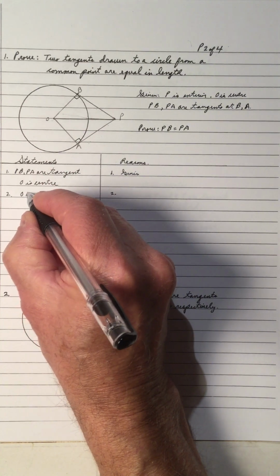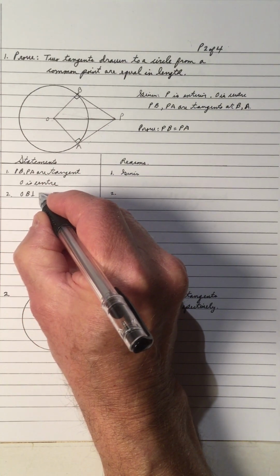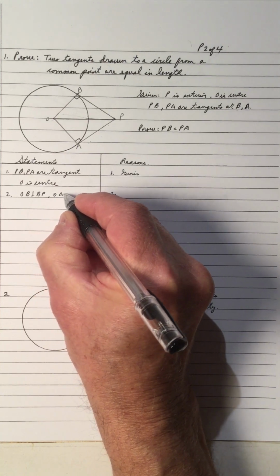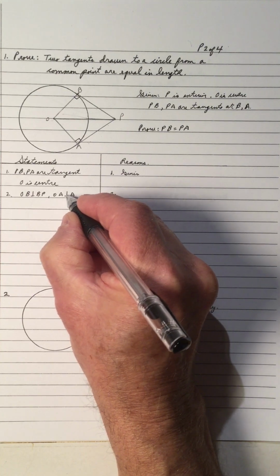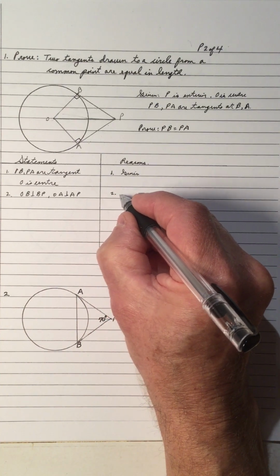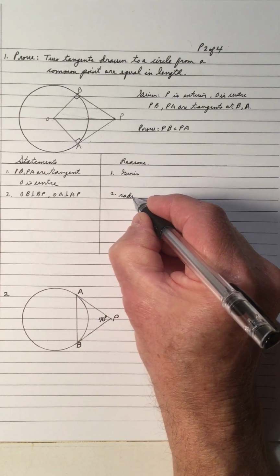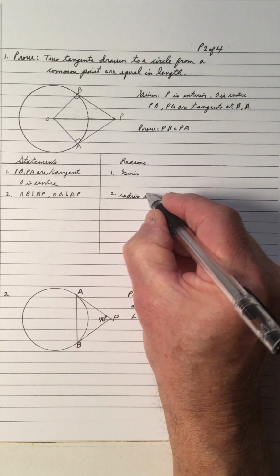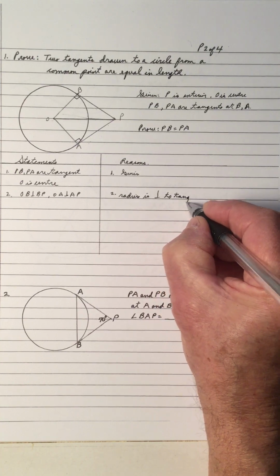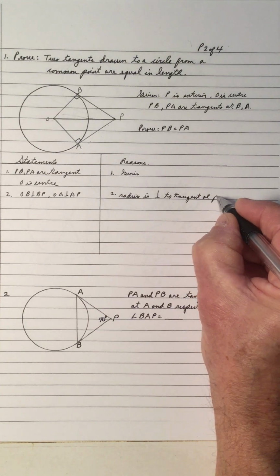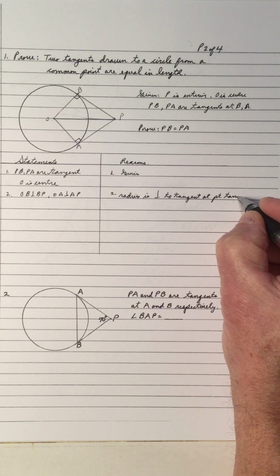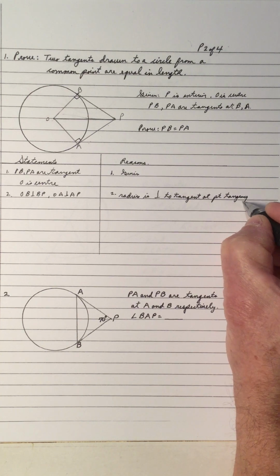So we can say that OB is perpendicular to BP, and OA is perpendicular to AP, because the radius is perpendicular to the tangent at the point of tangency.